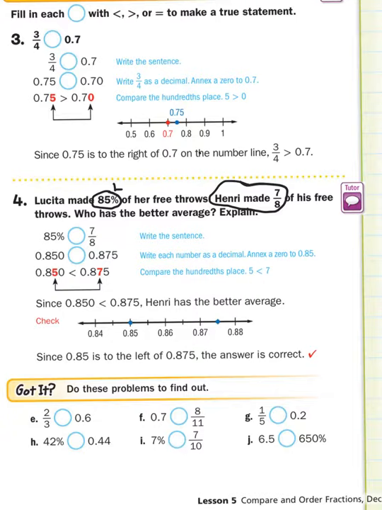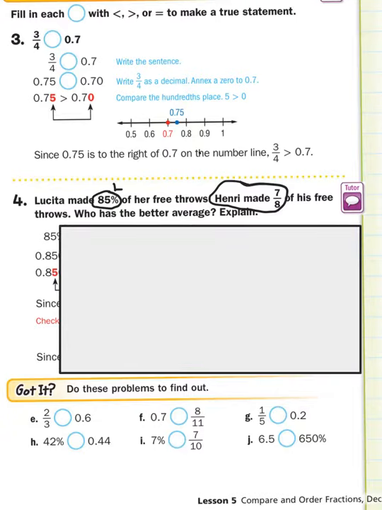So let me get my box ready. Okay, so first off, I'm going to start with Lucita. She made 85%. Now Henry made 7/8, so I'm actually going to change his to a percent.